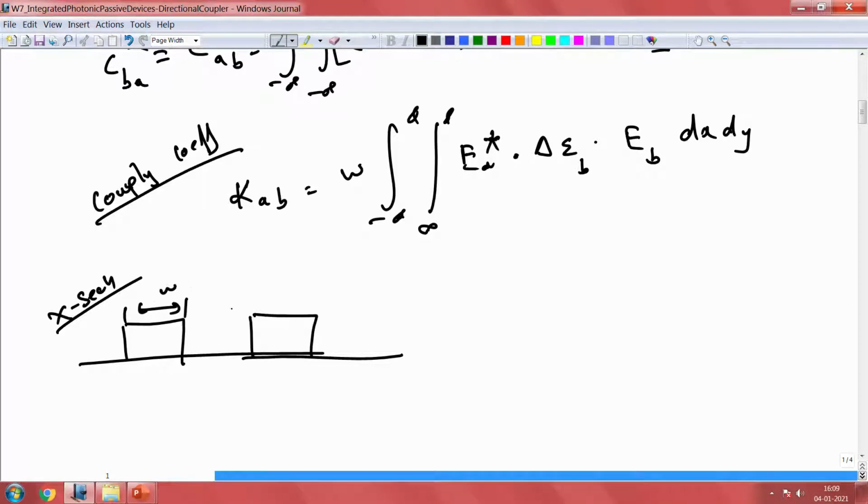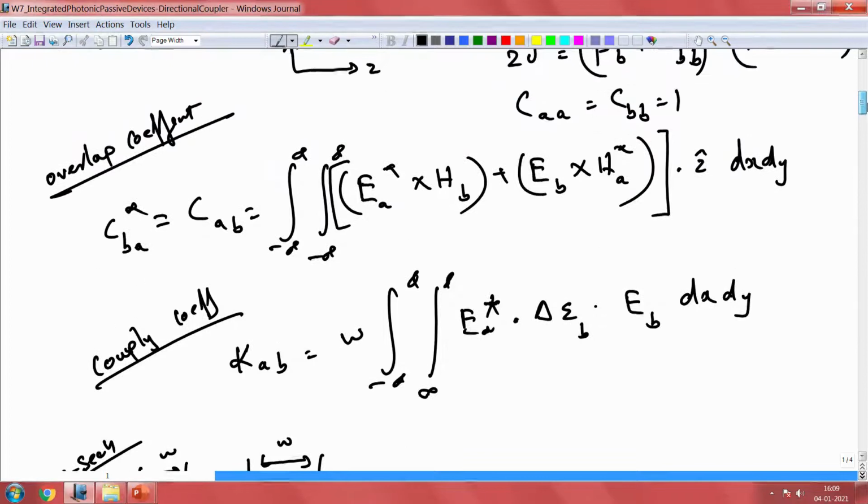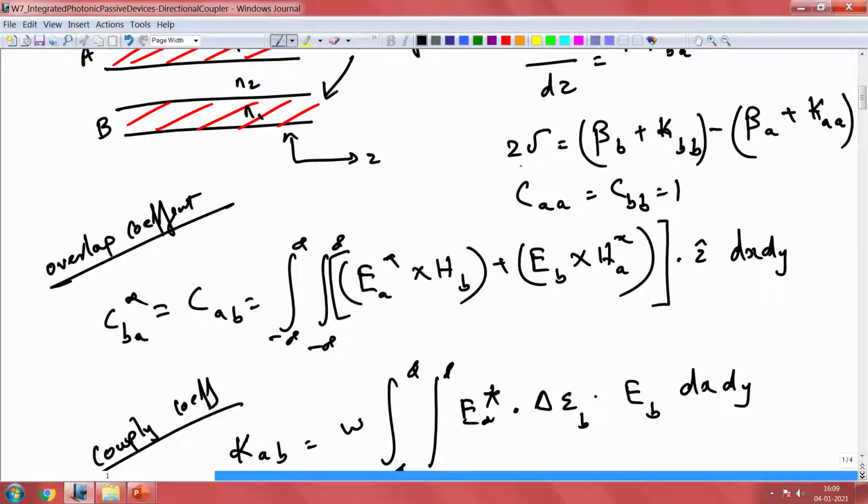So, I have W here and W here, with N1 and N1, surrounded by refractive index N2. If you want the phase matching to be done, this is the phase matching condition, that means the delta should be equal to 0.